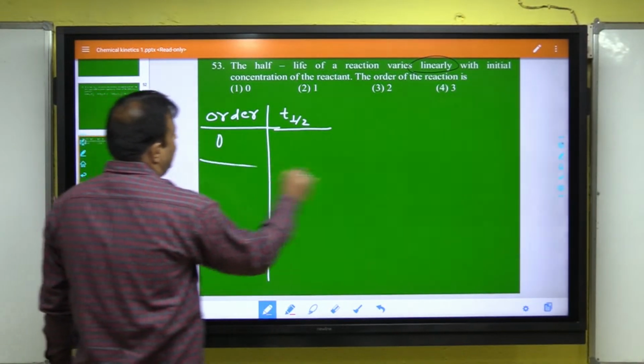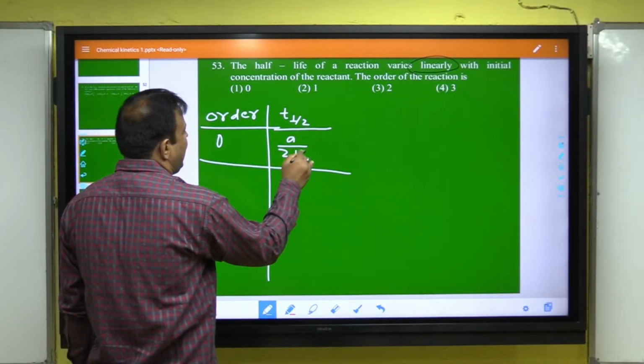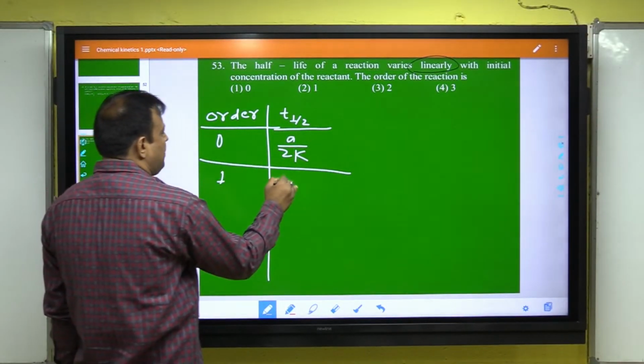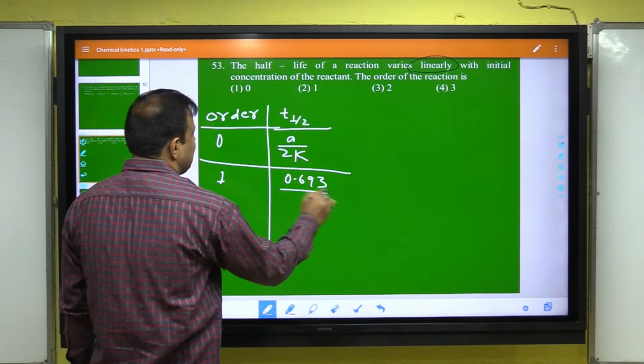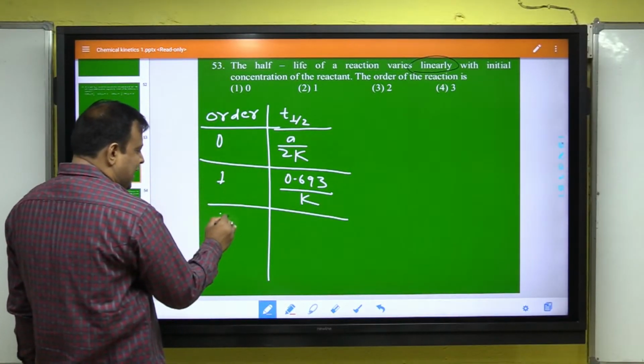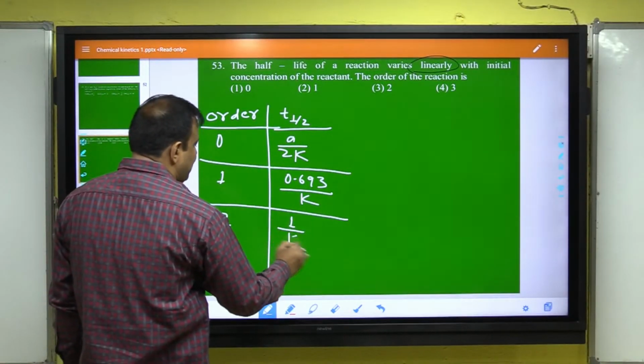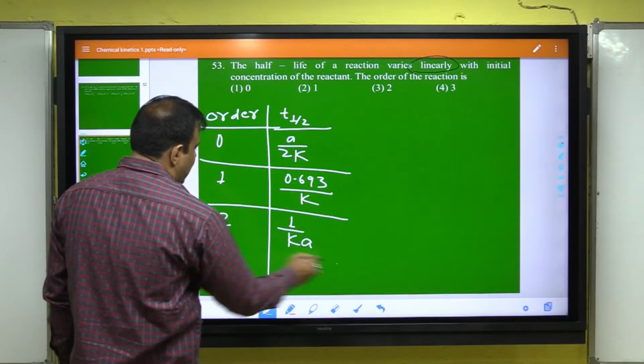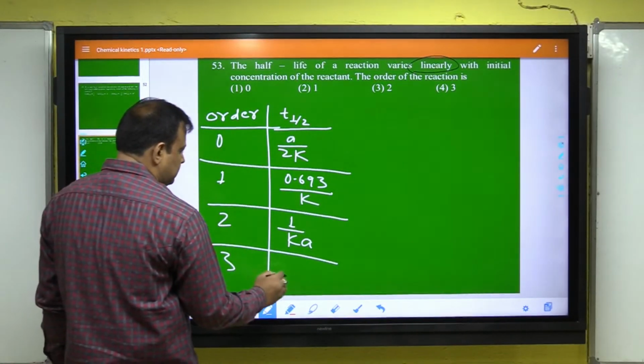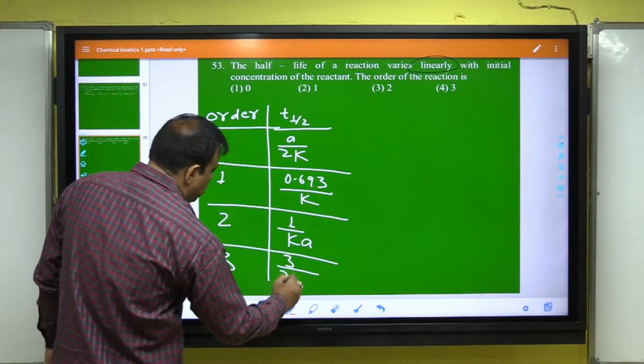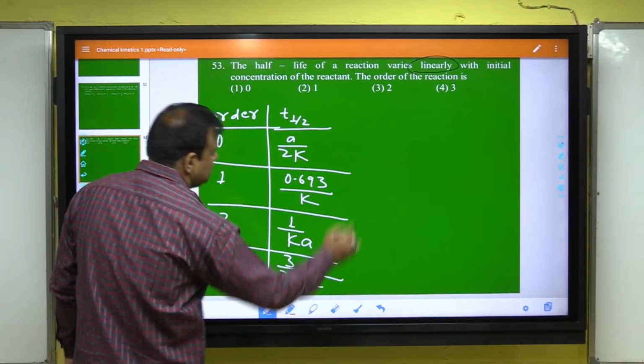In zero order, half life is A by 2K. First order half life is 0.693 by K. Second order half life is 1 by Ka. And third order half life is 3 by 2Ka squared.